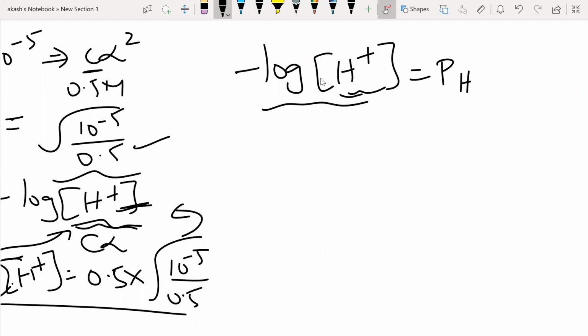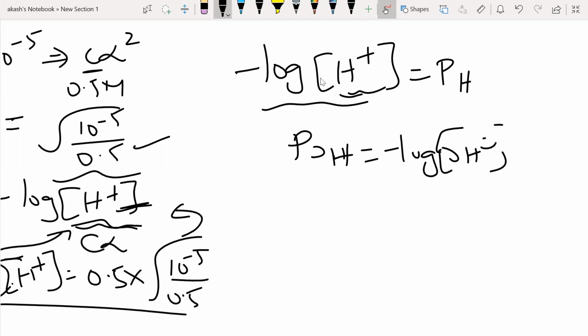Now, if I have the base in excess, I cannot directly do this, but what I can find is pOH. Hope you remember the formula of pOH? It's pretty simple. Instead of H plus, you have to write OH minus. So pOH is negative log of OH minus concentration.